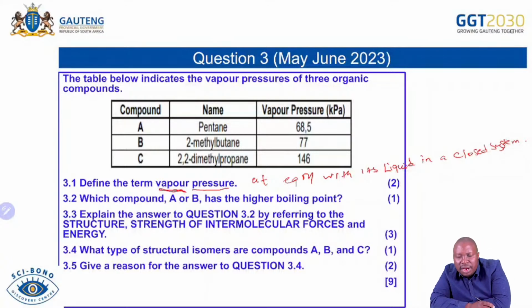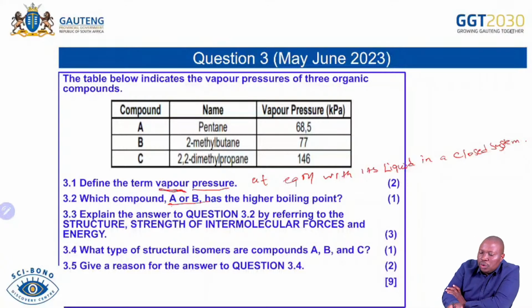So that's what we are saying: a pressure exerted by vapor at equilibrium with its liquid in a closed system. Now, which compound, A or B, has the higher boiling point? You will look at pentane and 2-methylbutane.